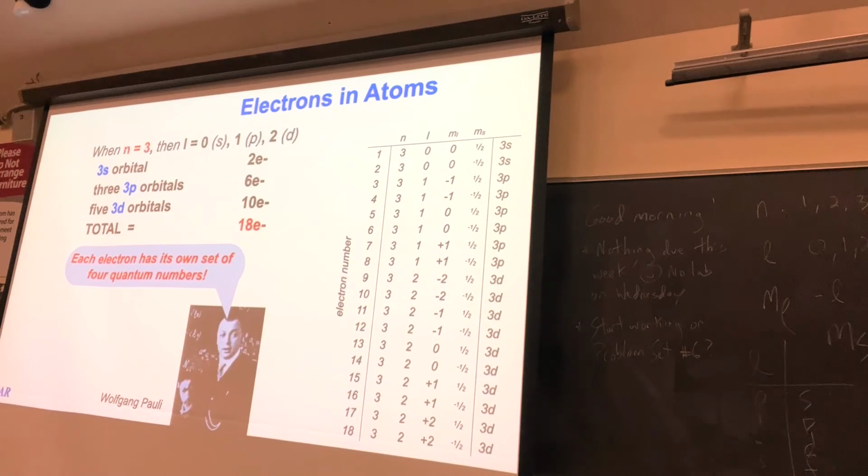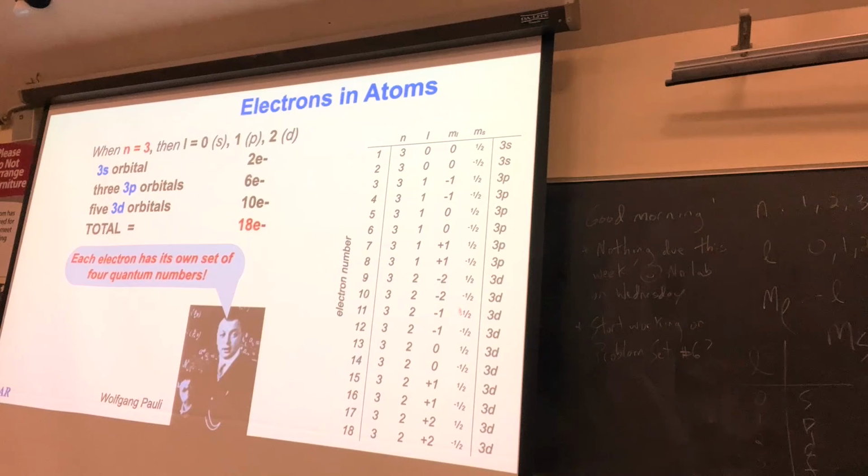And Ben, going back to your question, if n equals 3, then L starts at 0, and it goes up to n minus 1, 3 minus 1, 2. Okay? So here's L equals 0, L equals 1, and then L equals 2. And notice the letters. All right, L equals 0 is S, and this is 3S for that reason. 3P, 3D, and stuff. But again, the quantum numbers just keep on coming, all right?